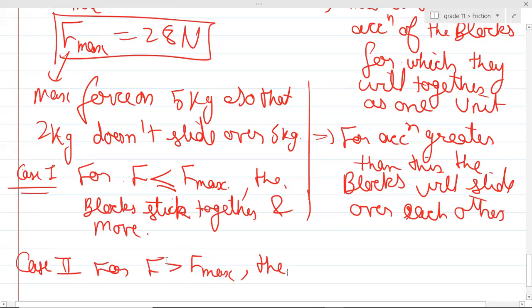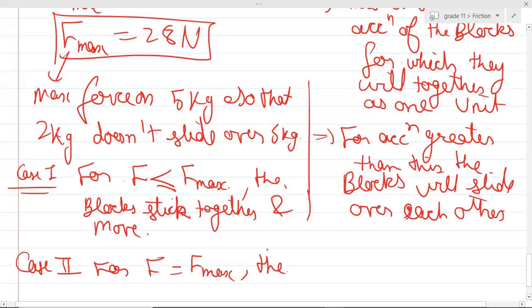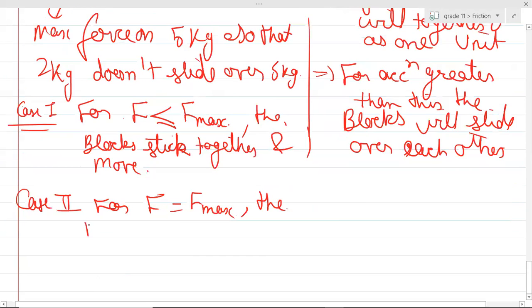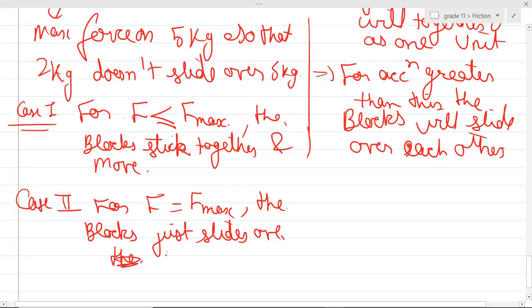For F equal to F max, the blocks just slide over each other.